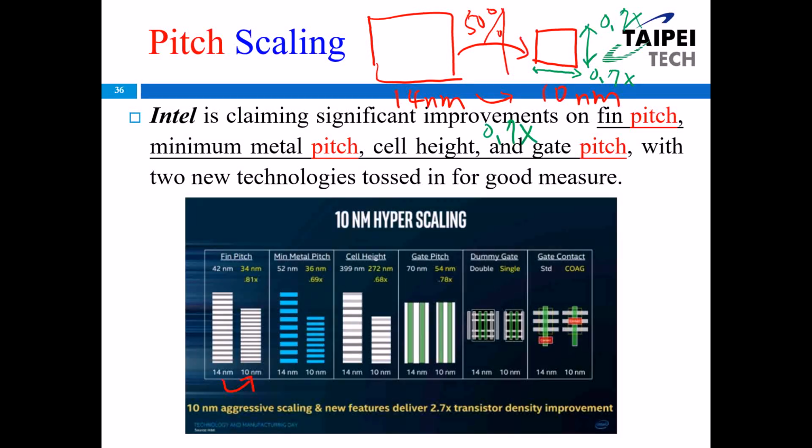So you can predict, what is the next generation chip? How can we call it? For the next generation chip, we can multiply by 0.7, so we can call it 7 nanometer chip, okay? And how about the next generation?